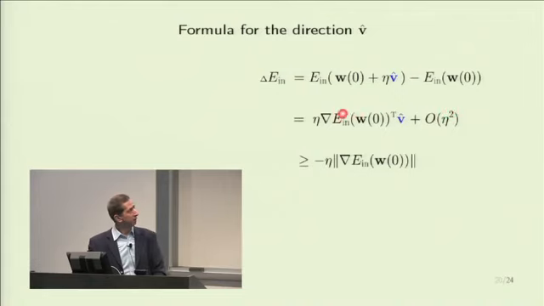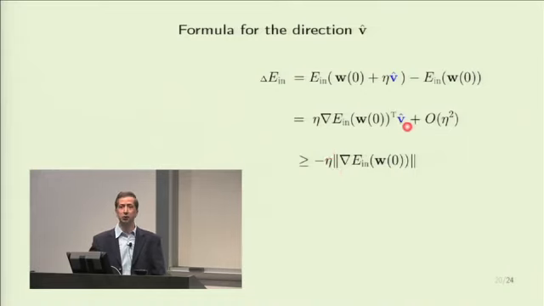I'm taking the inner product between a vector and a unit vector. The unit vector could be aligned with that vector, or opposed to it, or orthogonal to it, but it doesn't contribute magnitude. Magnitude is 1. So the most I can get is the norm of this, and the least I can get is negative the norm of this, if they are opposed, and I inherit eta from here.